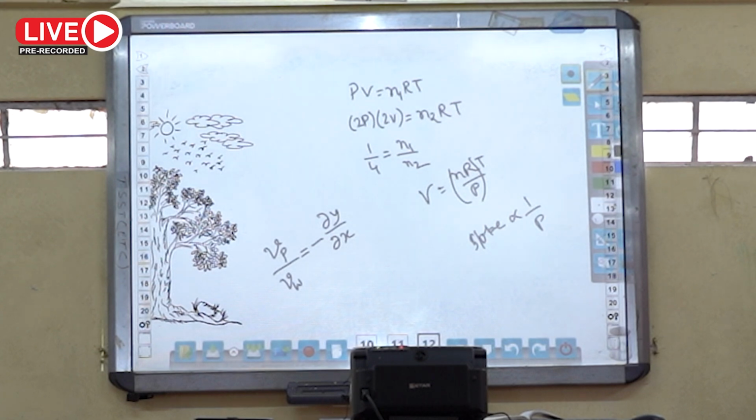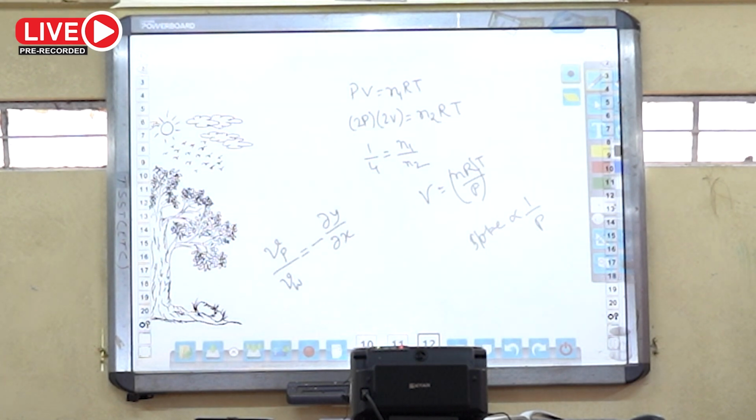This is from the wave equation. If you differentiate, Vp is del y del t, and del y del x is the slope of the wave curve, and Vw is omega by k. Then this ratio Vp by Vw will be equal to the negative slope of the wave curve.